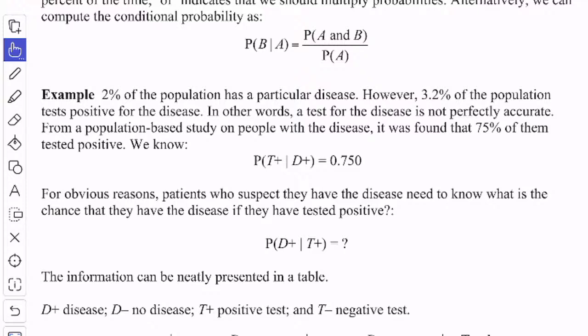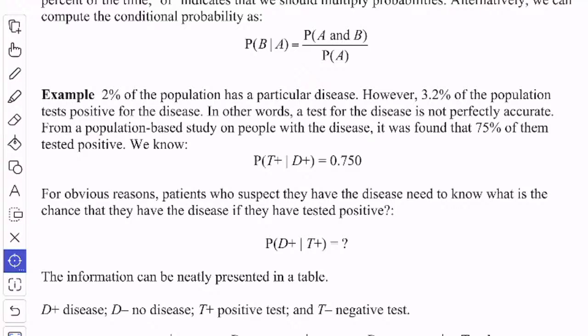So here's the example. 2% of the population has a particular disease. So it's a very low prevalence. However, 3.2% of the population tests positive for the disease.